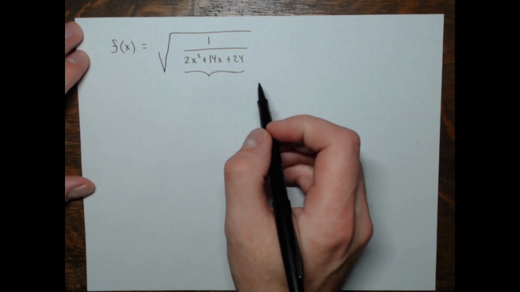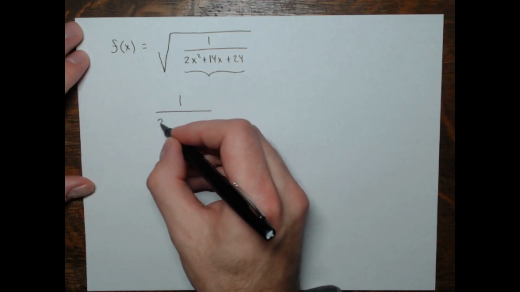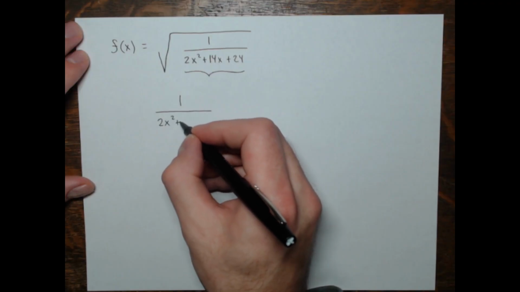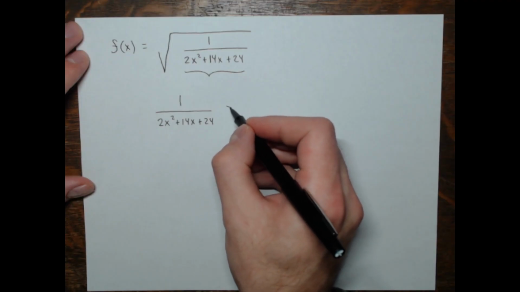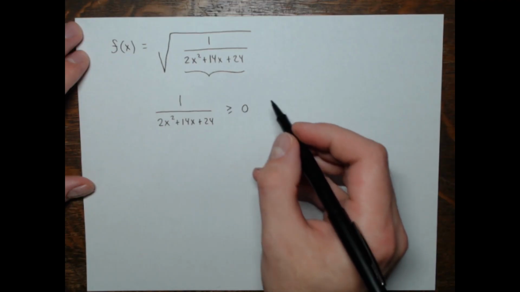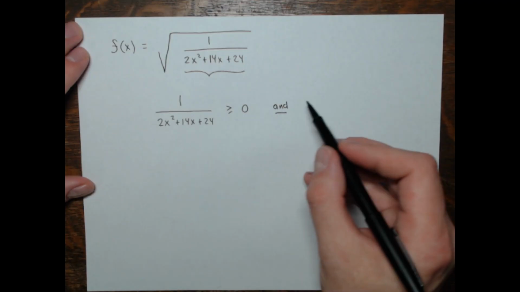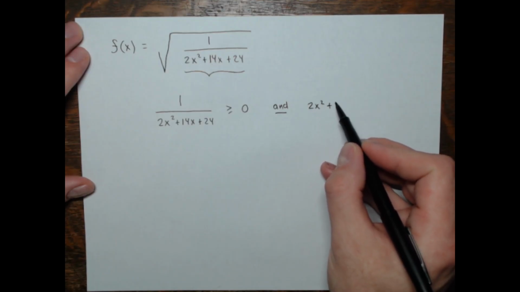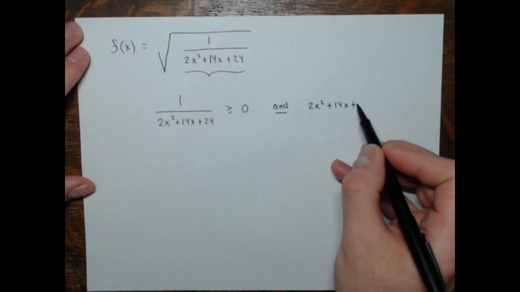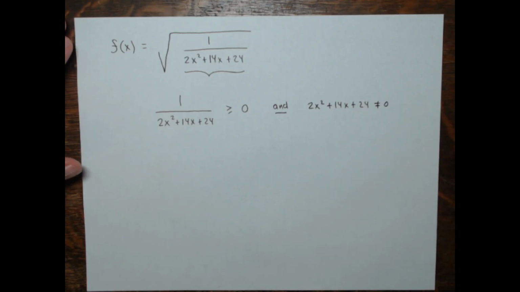So this expression in here, 1 over 2x squared plus 14x plus 24 must be greater than or equal to 0, but also, right, that denominator can't be 0. So we got to make sure to exclude any value there.